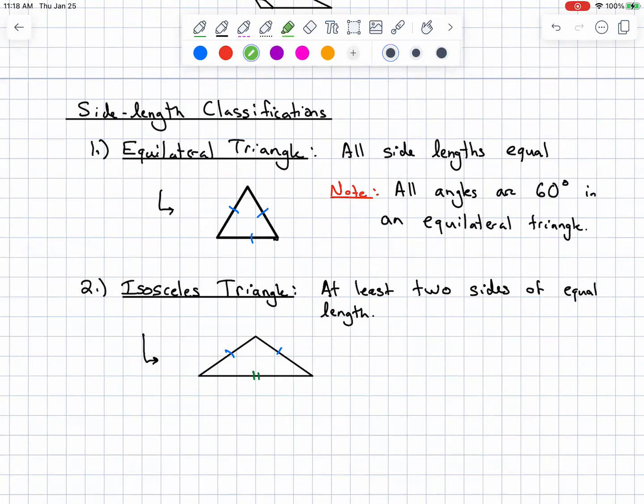As a small terminology thing, the non-equal side is called the base of the triangle. And the two equal sides are called the legs of the triangle. Let's use green.